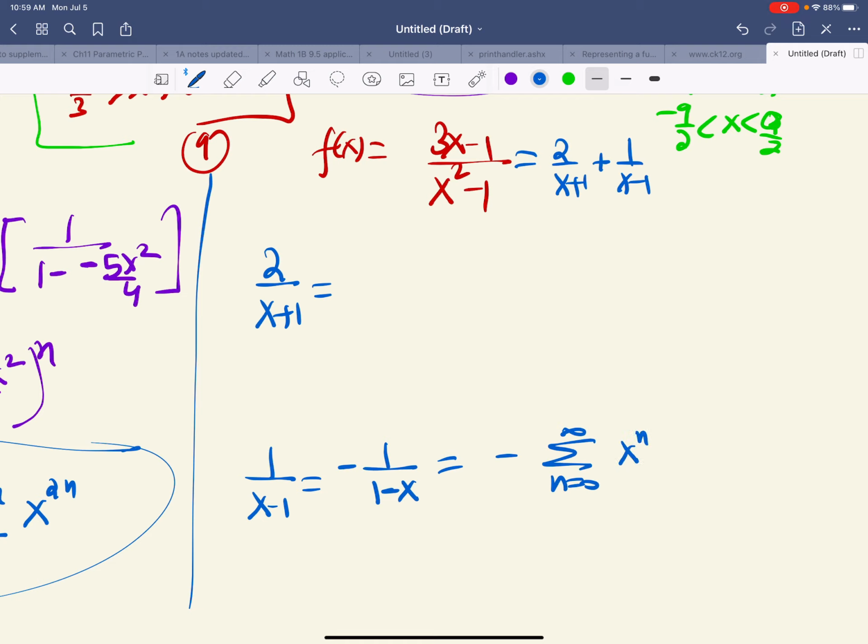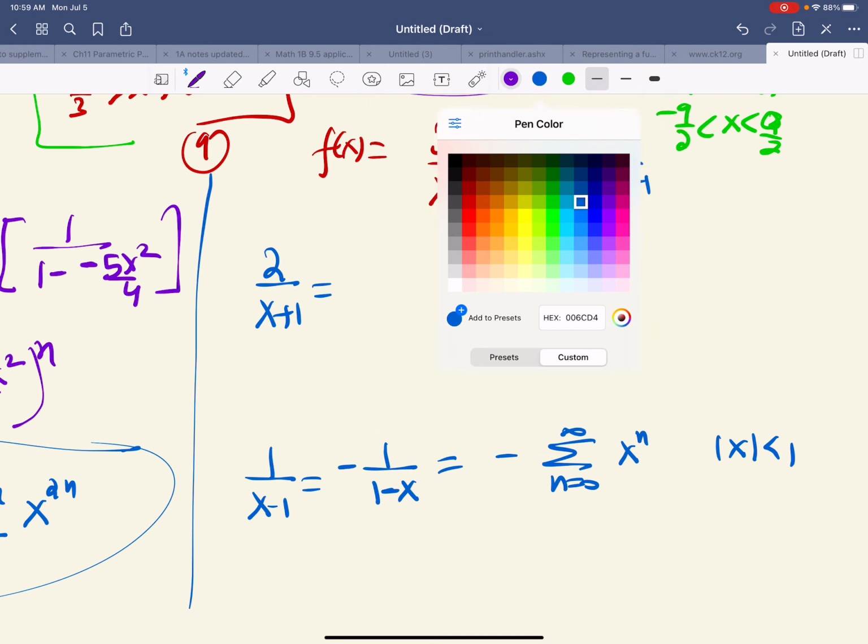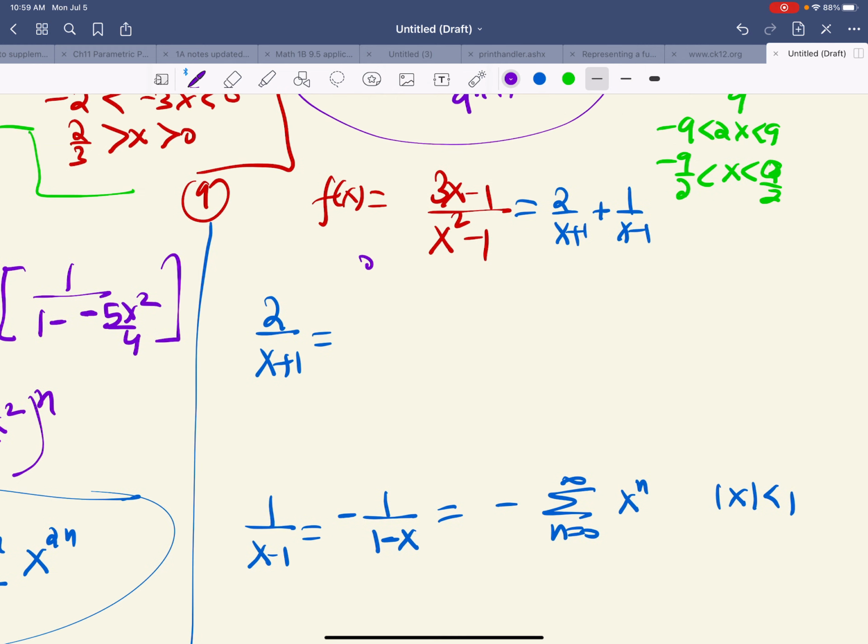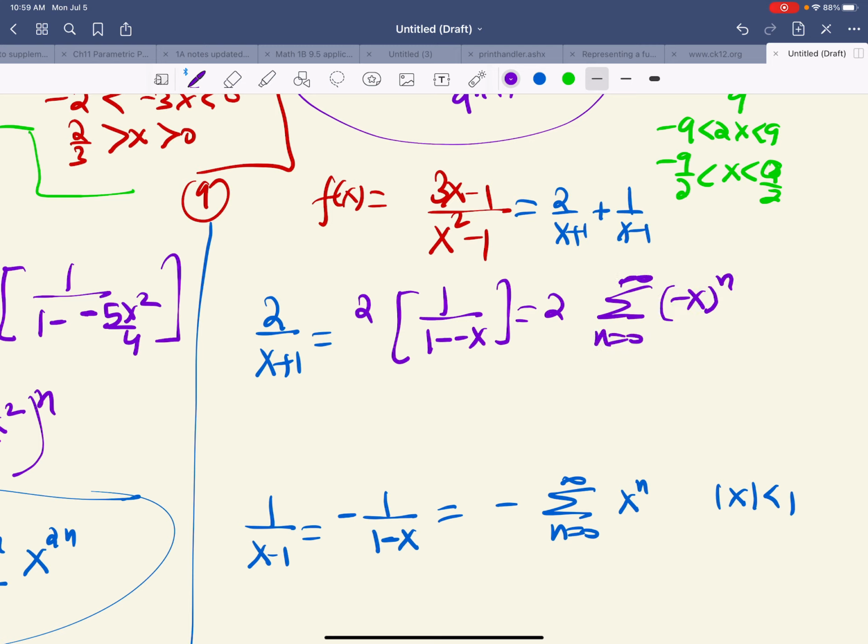So I do have a negative sign here, and this only converges if absolute value of x is less than 1. The other one, I can pull a 2 out. And I'm going to rewrite 1 over 1 minus negative x. Again, this converges if absolute value of x is less than 1.